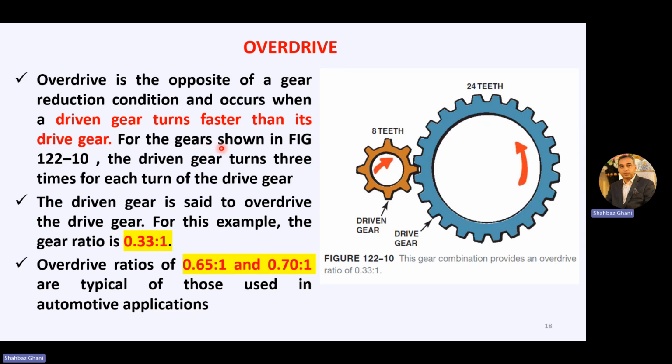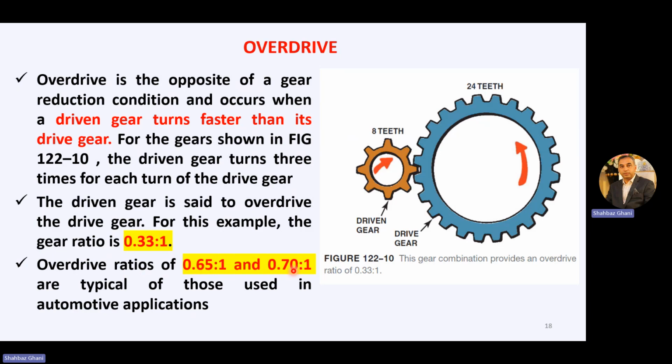For the gears shown in this figure, the driven gear turns 3 times for each turn of the drive gear. So the driven gear is said to overdrive the drive gear. For this example, the gear ratio is 0.33:1.